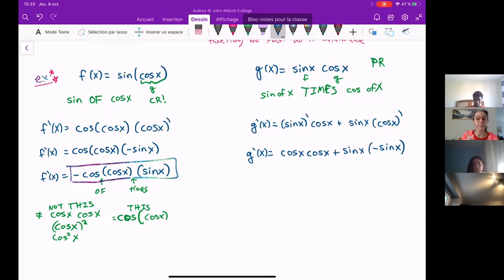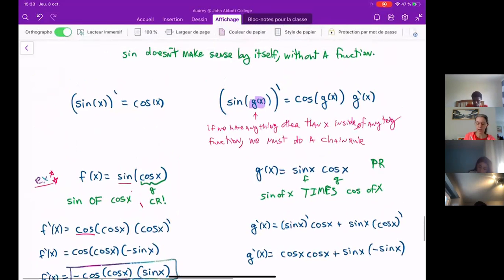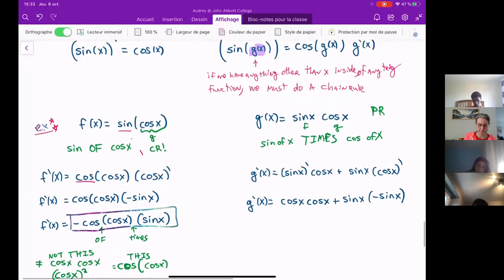Because the derivative of sine is cosine. So here I had my sine, the derivative of sine was cosine. So it's cosine of cosine x. And when we look at this up here, we said to do the derivative of sine of g, I do cosine of g times g prime. So the sine actually kind of becomes a cosine when I do the derivative. Does that make sense?